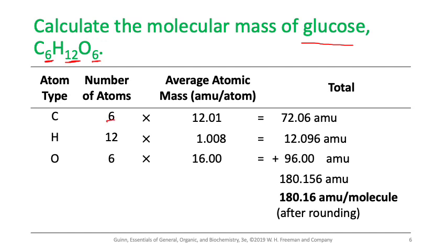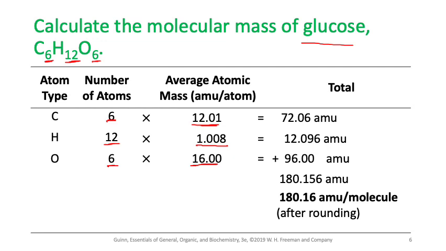You have 6 atoms of carbon and the mass of each atom of carbon is 12.01 from the periodic table. And for each atom of hydrogen you have the mass of 1.008 and you have 12 hydrogen atoms, so you have to multiply with 1.008. And then you have 6 oxygen atoms and the mass of each oxygen atom from the periodic table is around 16.00 atomic mass units.